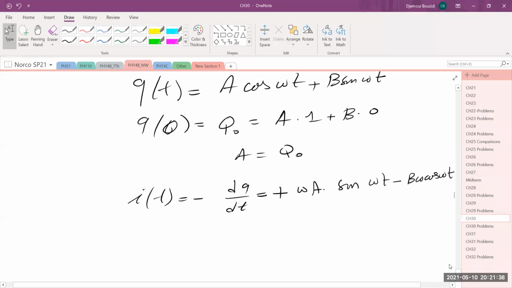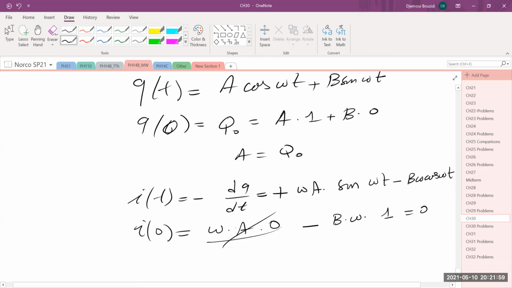Okay, I'm going to plug in I sub 0 being 0 in the circuit because there was no current to begin with. So this is going to be omega A times sine of 0, which is 0, plus minus B omega times cosine of 0, which is 1. This must be equal to 0 because I know initially there was no current in the circuit. So this is 0 because 0 times A is 0, and this B omega is equal to 0. That means B is equal to 0.